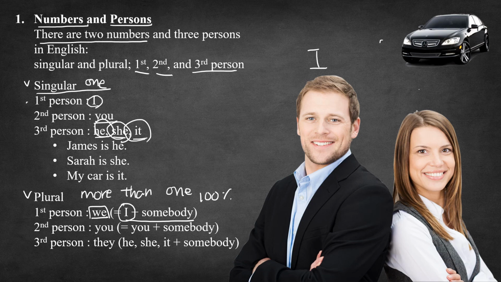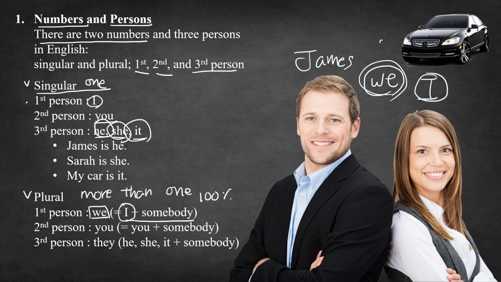I and Sarah, that's we. Or Sarah says I and James, that's we. If you have I in a group, it is always 100% we.